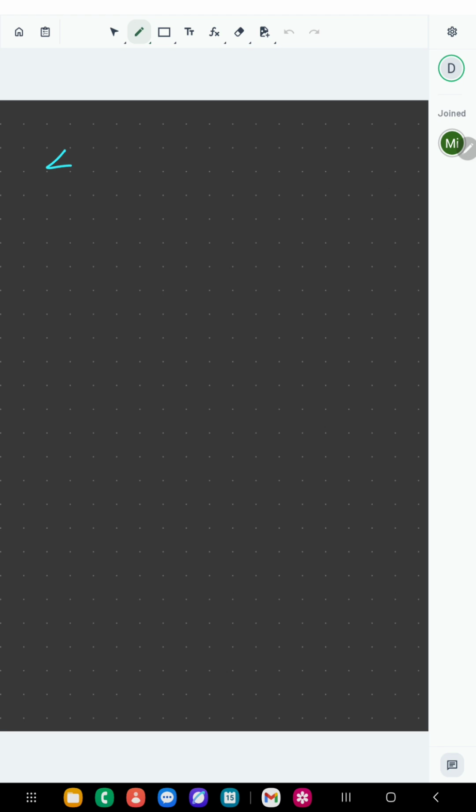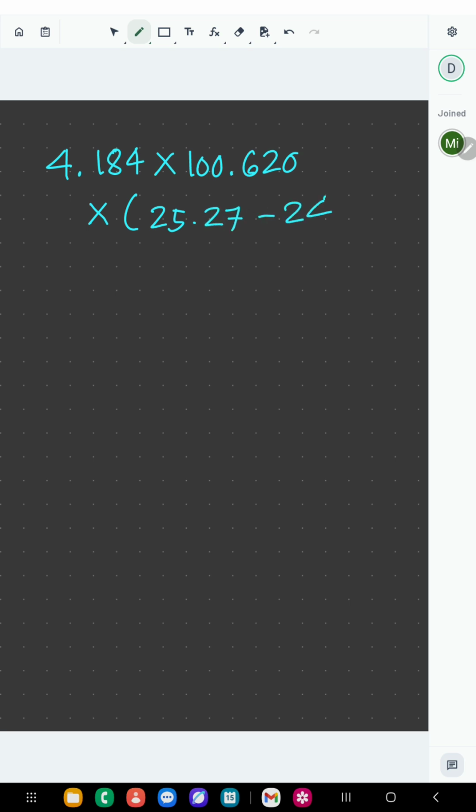Okay, can you evaluate this? 4.184 times 100.620 times 25.27 minus 24.16. So evaluate this expression to the correct number of significant figures.